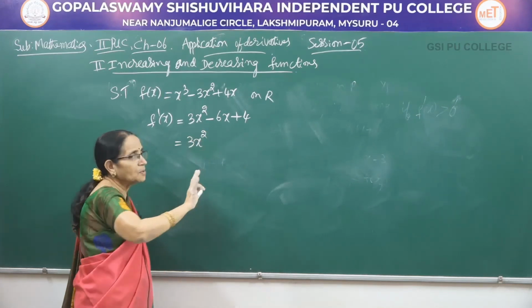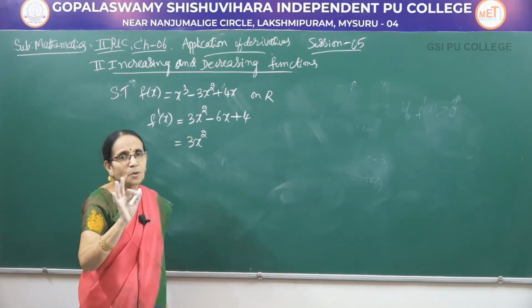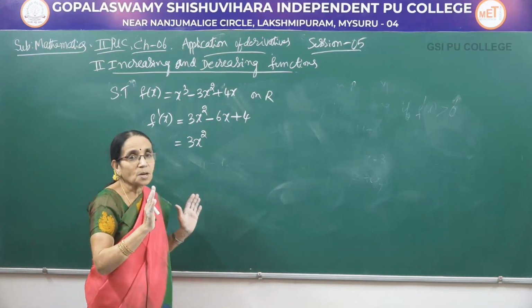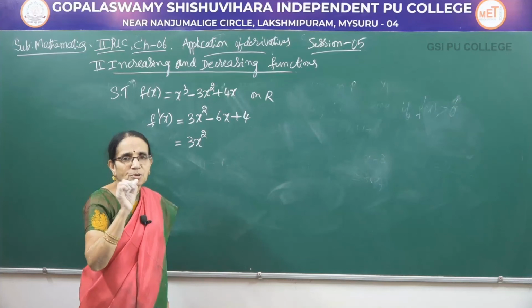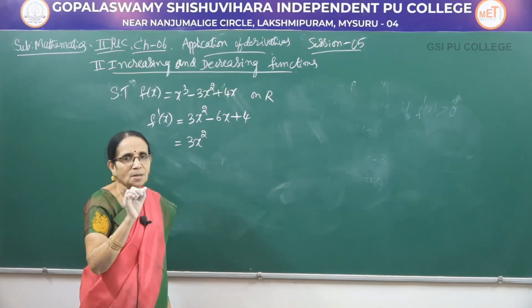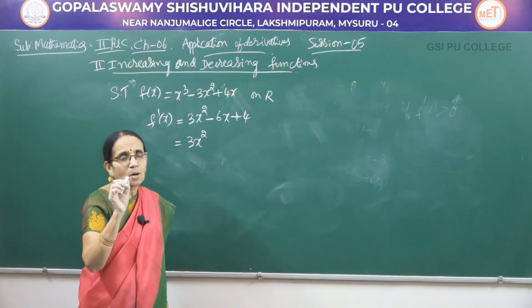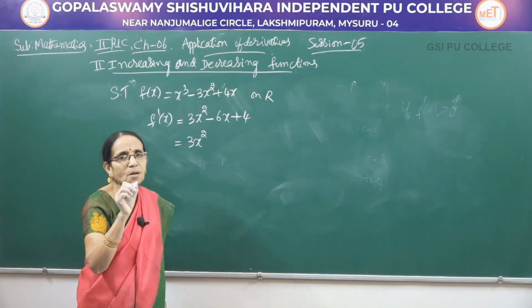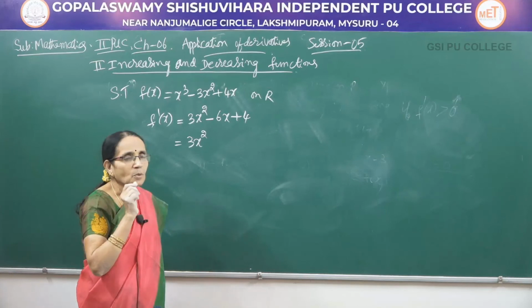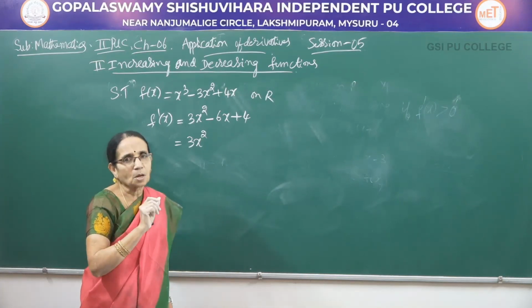Here, I am not giving any value or taking two points x1, x2. Just using the statement of the theorem. According to the statement of the theorem, if the first derivative, that is f dash x, is greater than 0, it is a positive quantity, we can come to the conclusion that it is a strictly increasing function. So, I want to get here a positive quantity.